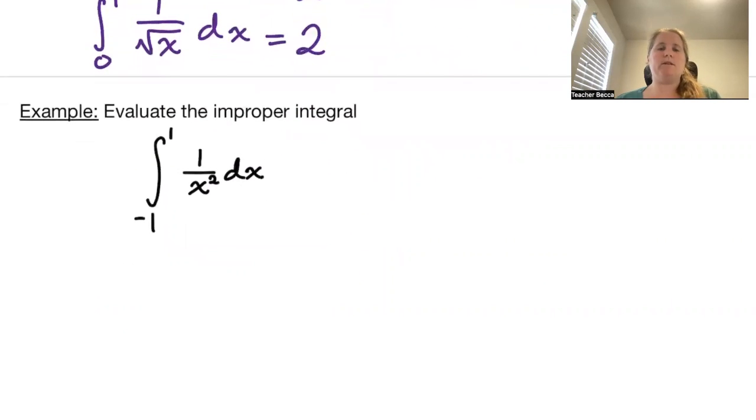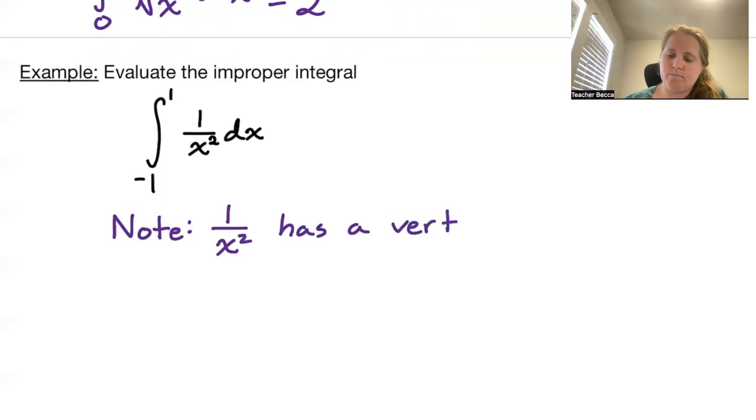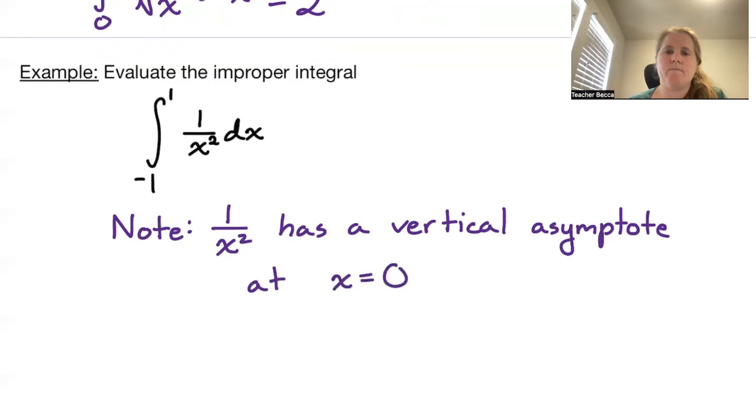So in this example, let's evaluate the improper integral from negative 1 to 1 of 1 over x squared dx. So again, note 1 over x squared has a vertical asymptote at x equals 0.